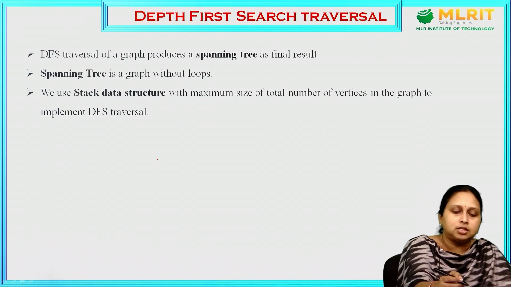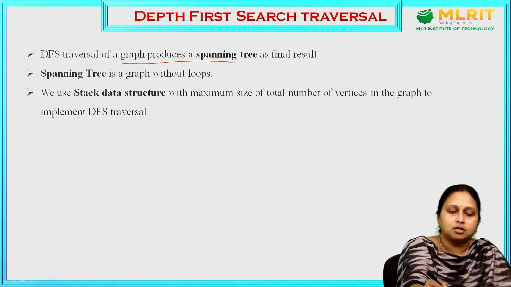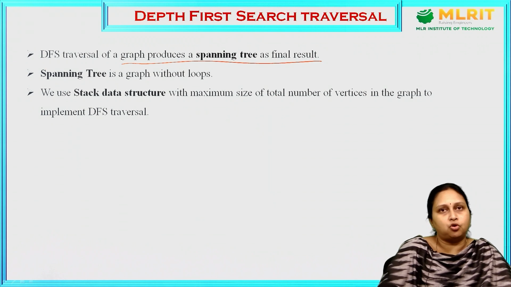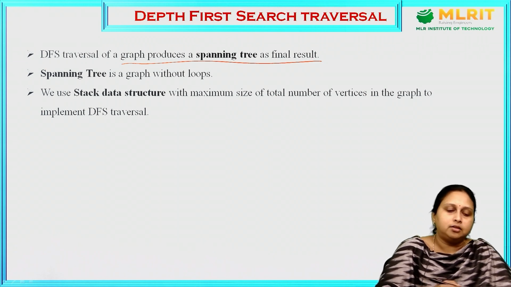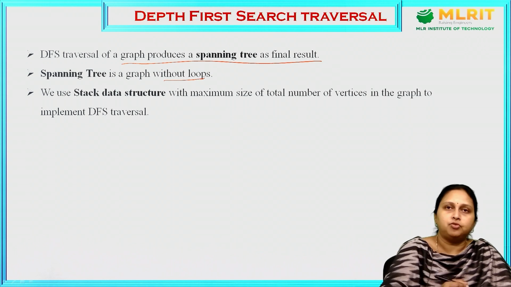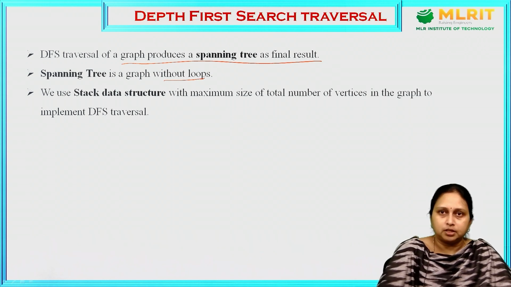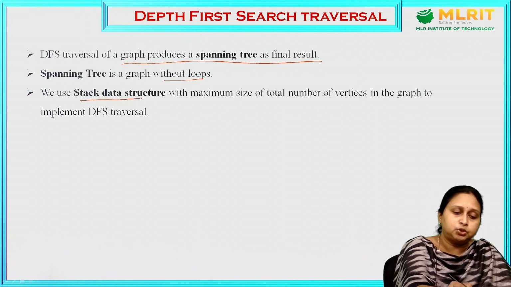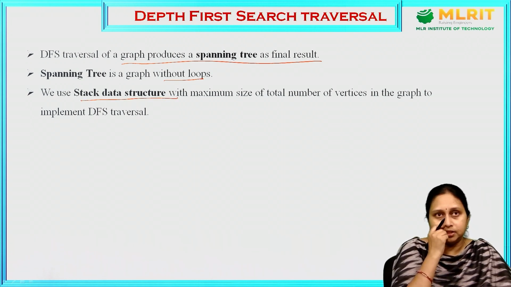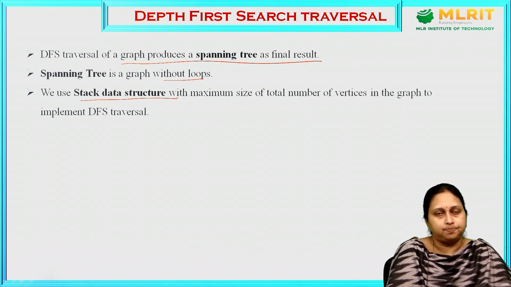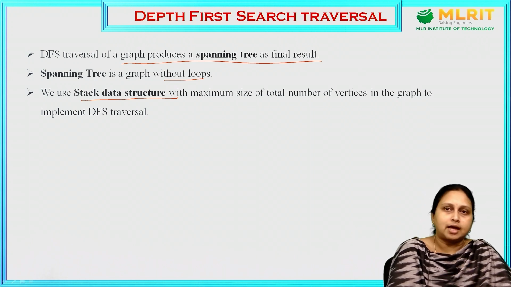The DFS of a graph produces a spanning tree as a final result, and the spanning tree is nothing but a graph without loops. The data structure we use in DFS is the stack, and the stack size we define based on the maximum number of vertices present in the graph.